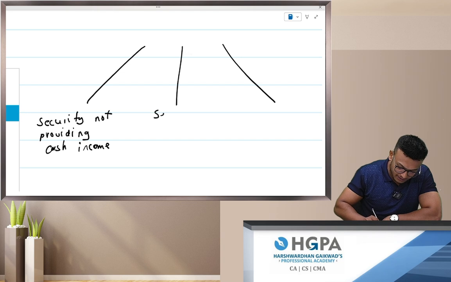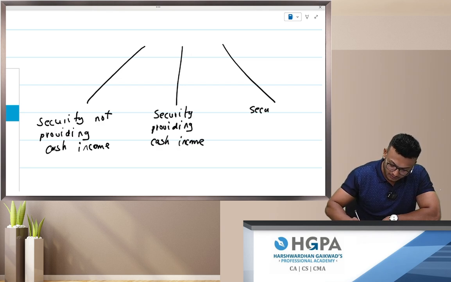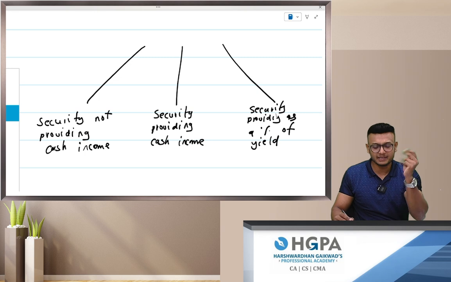Next, security providing cash income. And security providing income as a percentage of yield. So these three might be there.